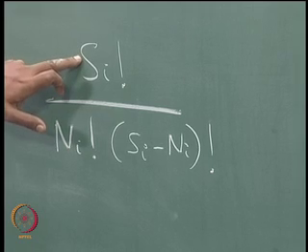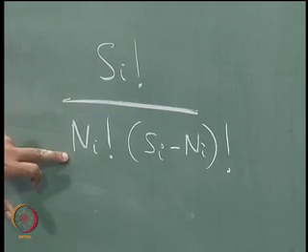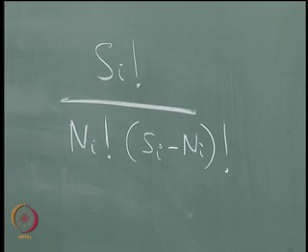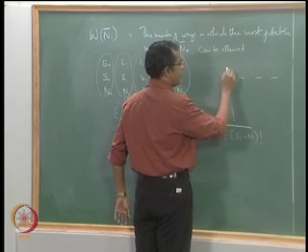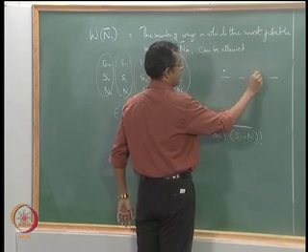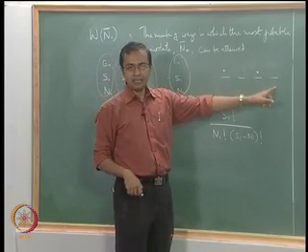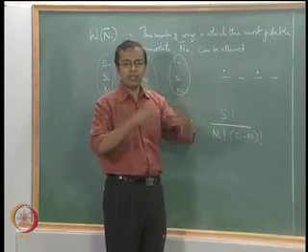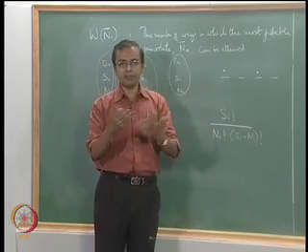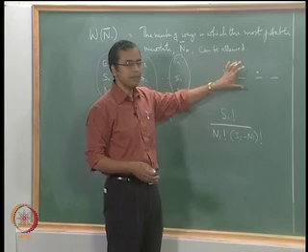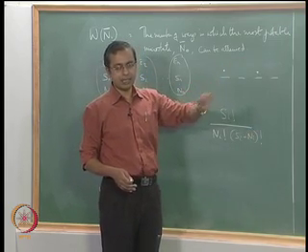It is essentially the same as saying that you have Ni particles and Si minus Ni empty spaces, because you have Si states, with some particle here, some particle here. It is the same as saying you have 2 particles and 2 empty states. In how many ways can you jumble them up? The number of unique ways in which you can attain them represents the number of ways in which you can accomplish that condition.